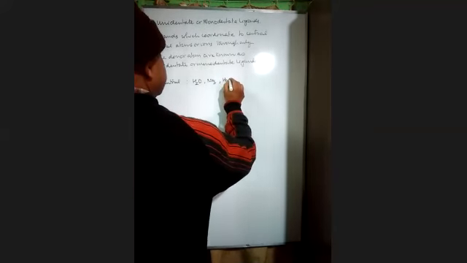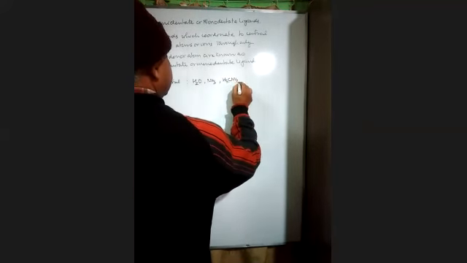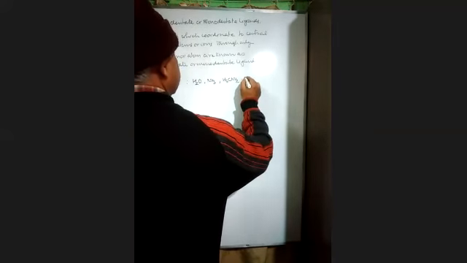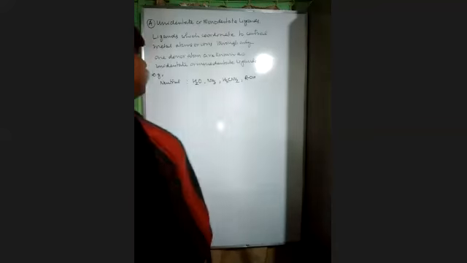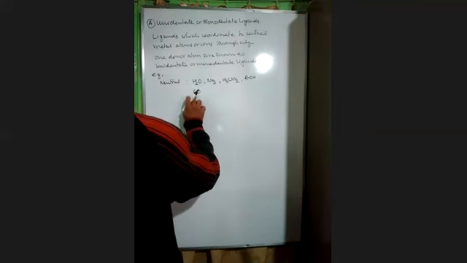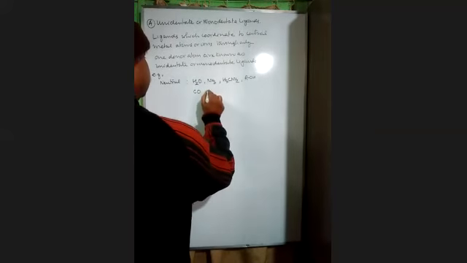Amine, it will bind through nitrogen. Then alcohol, it will bind through oxygen. Then carbon monoxide, it will bind through carbon. All right, so, etc.